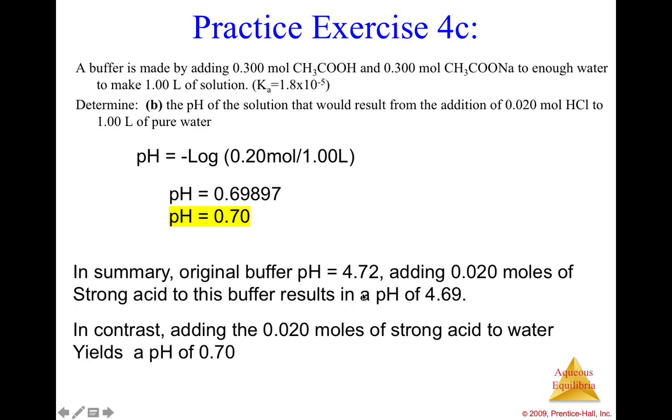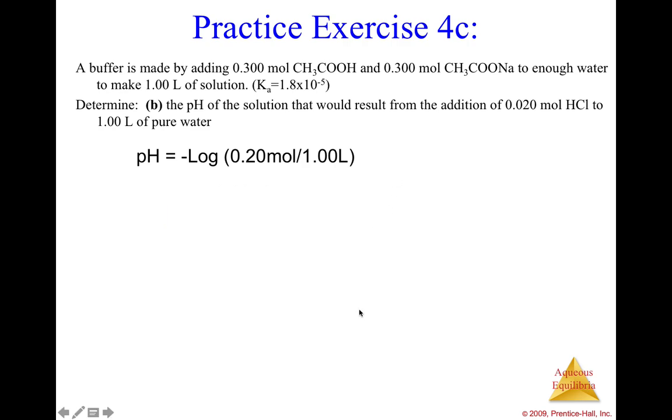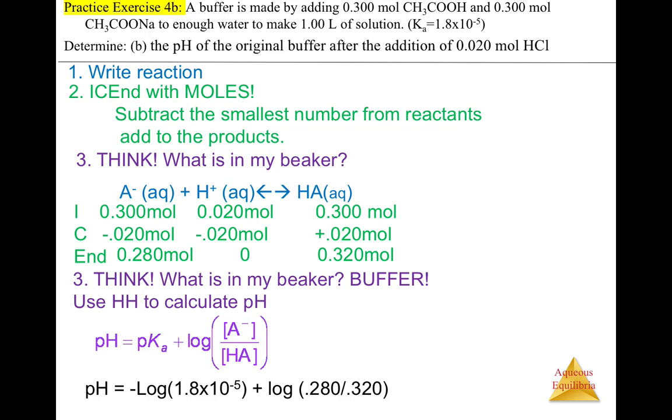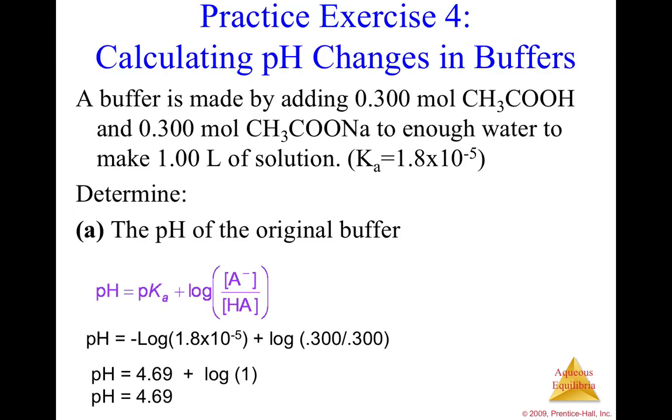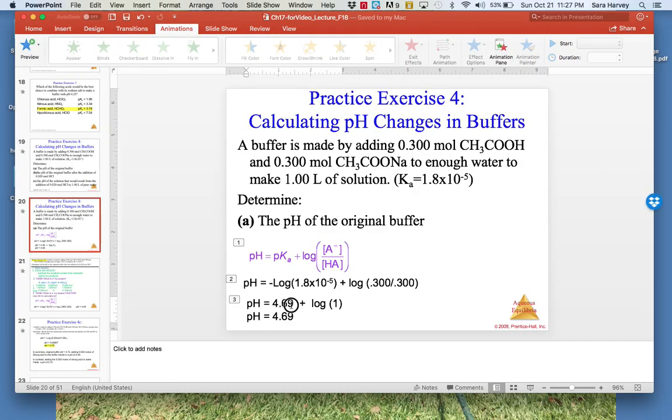Okay, so I realized I had a typo. Let's go back. My original buffer, the negative log of 1.8 times 10 to the negative 5th. That is my problem. This is 4.72. So I apologize.